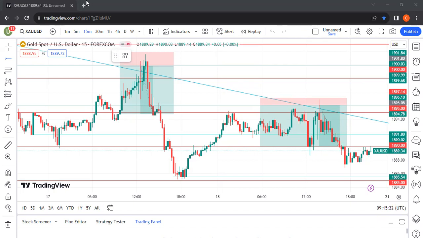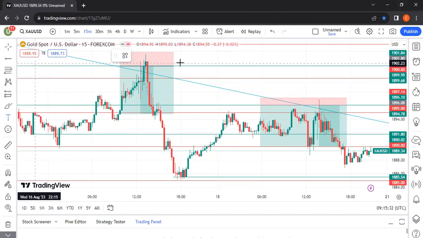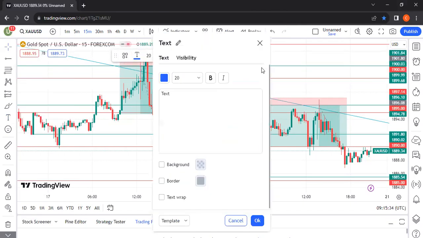So 1% of my account is $100. If I'm using 20 pips stop loss, you guys should pay attention to this thing I want to explain now. If I'm using 20 pips stop loss, the lot size I'm going to use to trade this account is going to be 0.5.